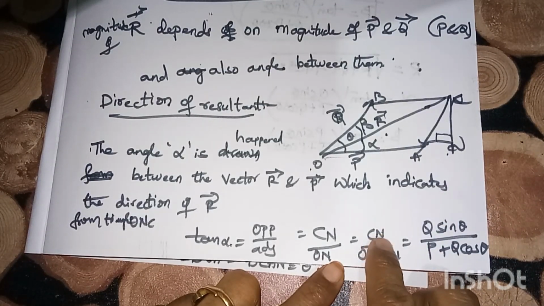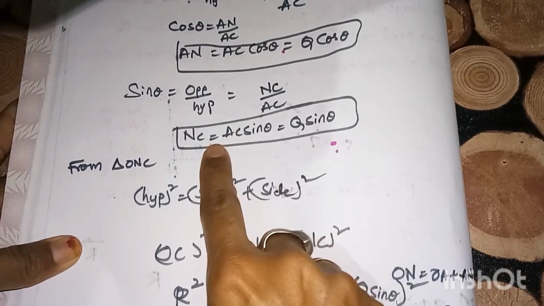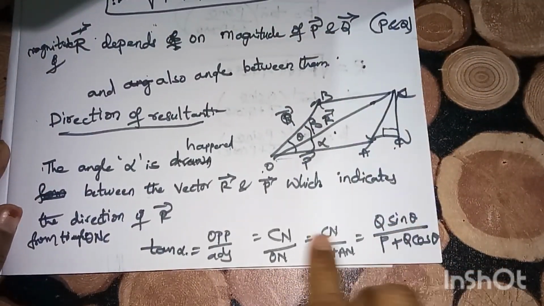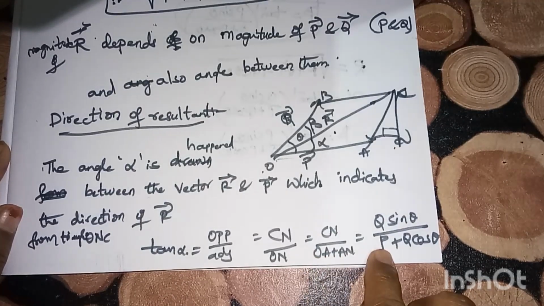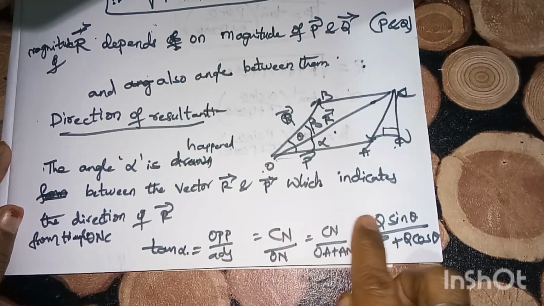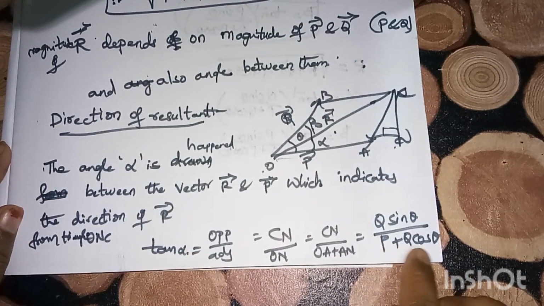As we all know, the NC value is Q sin theta and the AN value is Q cos theta. So what do we get here? Q sin theta by OA, which is P, plus AN, which is Q cos theta. So tan alpha is Q sin theta by P plus Q cos theta.